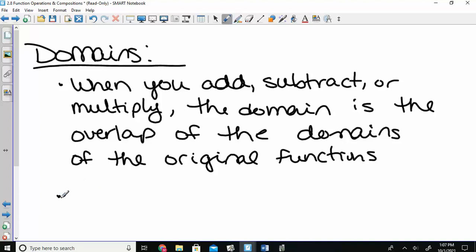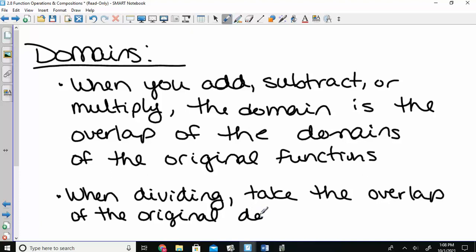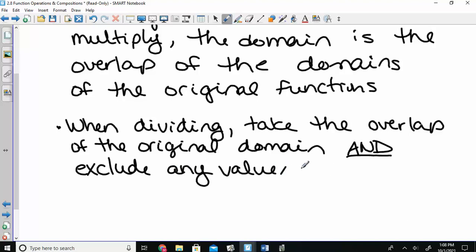When we divide, you have to take the overlap of the original domains, so we start out the same as adding, subtracting, and multiplying, and exclude any values making the denominator 0.